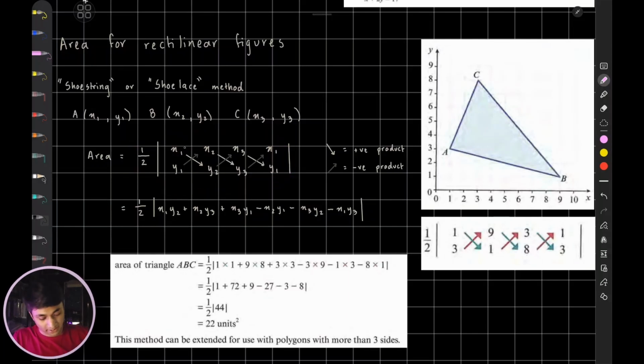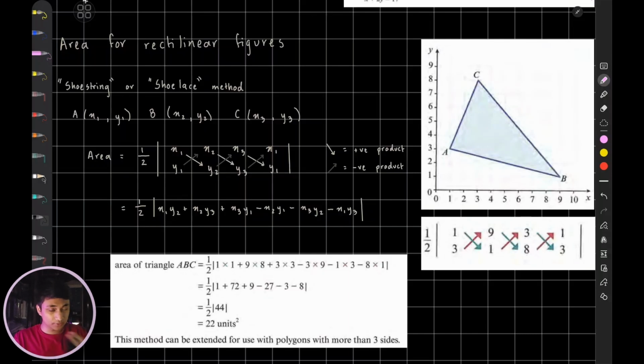You're going to multiply, notice, x1 with y2, x2 with y3, x3 times y1. So you're basically drawing a downward right arrow. From x1, downward right arrow, from x2, downward right arrow, from x3, downward right arrow.